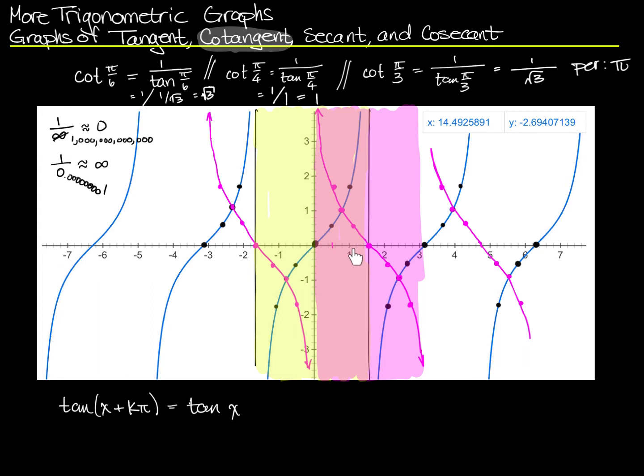And find out what the value of tangent is there. Looks like it's about 1.5, a little less than 1.5, maybe 1.4. Then if I add pi to this value of x, instead of 3.14, I'm going to have 4.14, go up to the value for tangent, and I'm going to get the same thing, just a little more. I can't remember where I was on here.